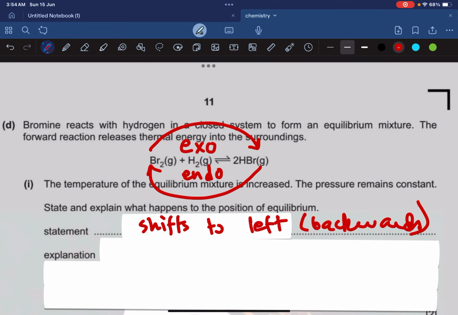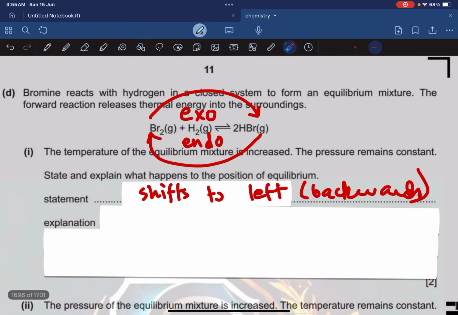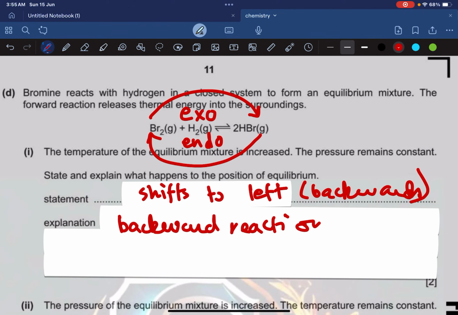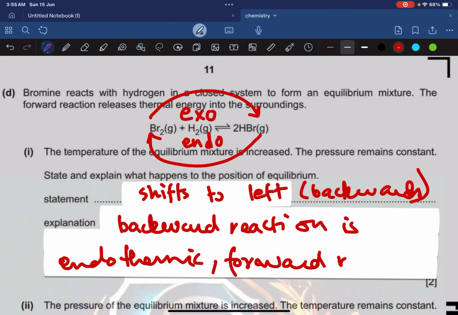Because when you increase temperature, the endothermic reaction is going to occur, and the explanation is that the backward reaction is endothermic, or you can write that the forward reaction is exothermic. That is why this is happening.